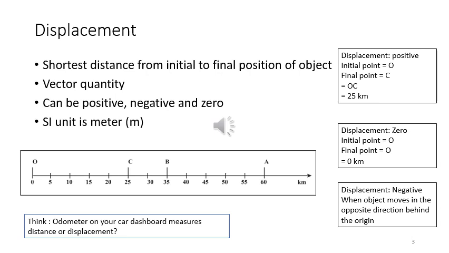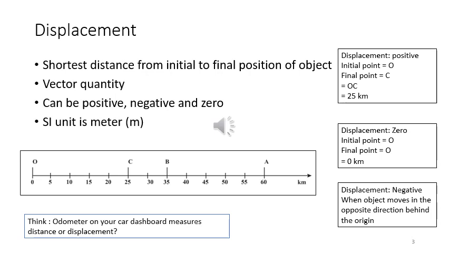Now the object is moving completely in the opposite direction of that number line. So wherever that object stops, if I measure that part, I will say that the object has displaced, and that displacement is negative. If you remember the number line, the opposite direction goes negative.